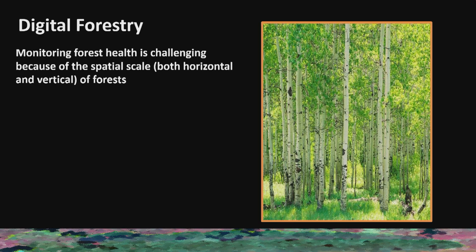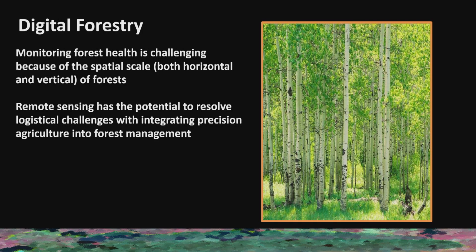You both have the spatial scale of horizontal, so the distance, and you also have the height, right? Flying over a row crop for corn is somewhat simpler than flying over a forested system. But remote sensing has the potential to resolve many of these challenges with integrating precision agricultural practices into forestry.